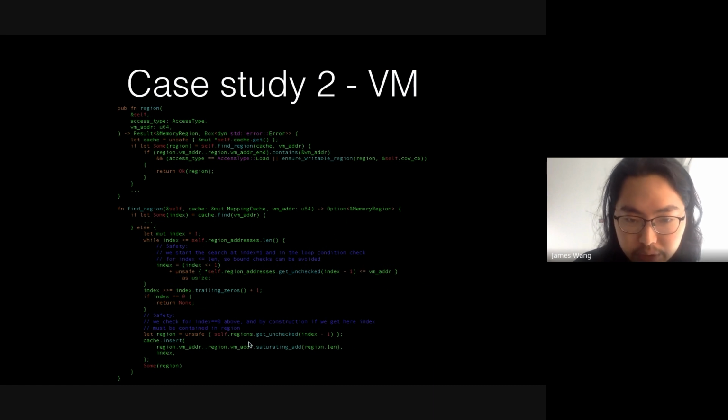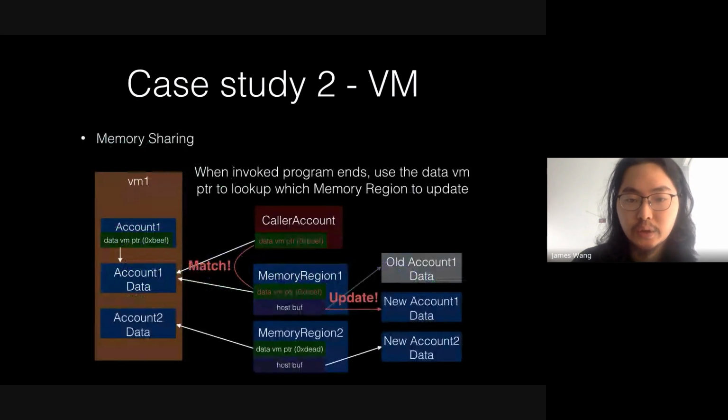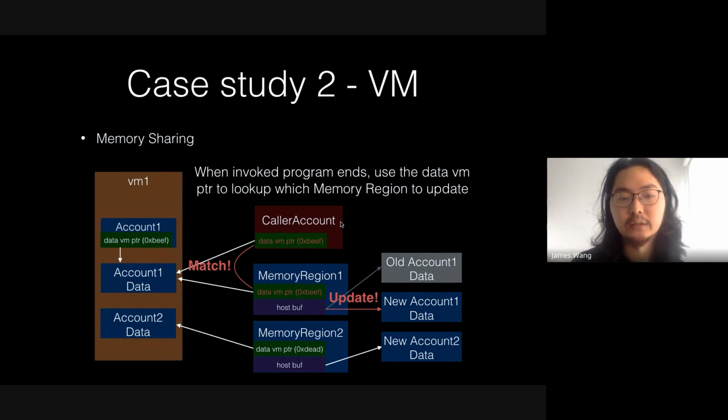This range contains the VM address. So we're trying to find a memory region where the virtual memory range specified here contains the address provided by the caller account.